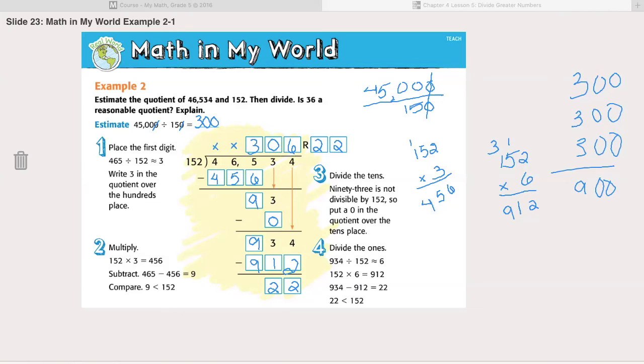If when multiplying the product you get is too great, then go down a number. A little bit of it is trial and error, okay? The process is exactly the same as what we have done before. It's just that the numbers get a little bit bigger. One way of making those bigger numbers more manageable is to estimate and use your math facts.